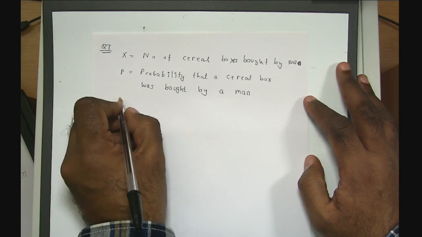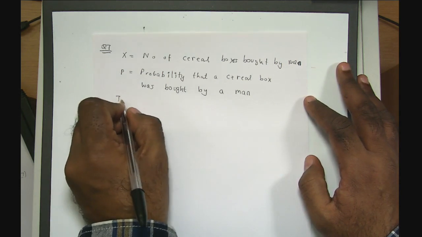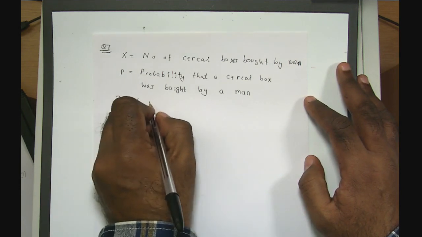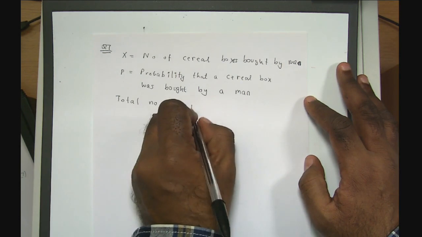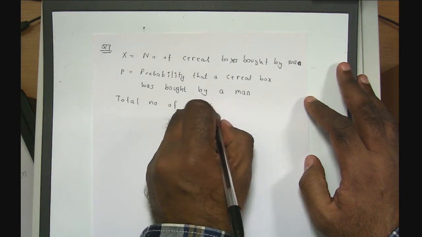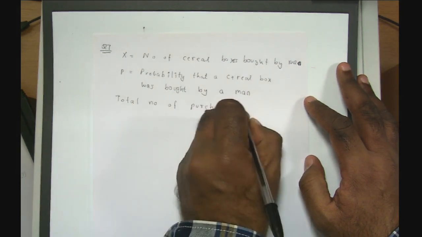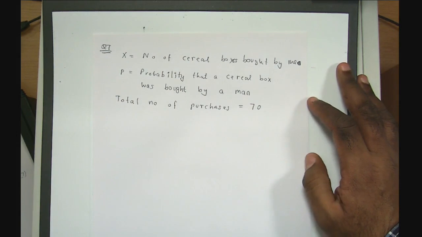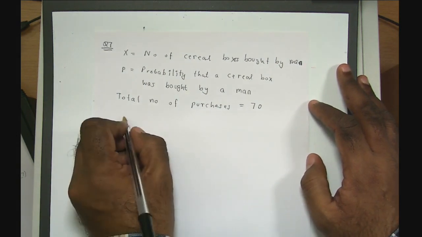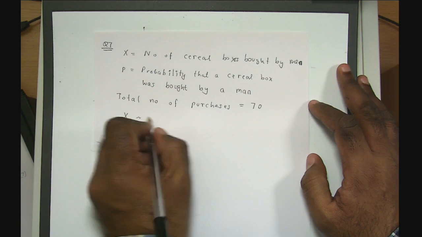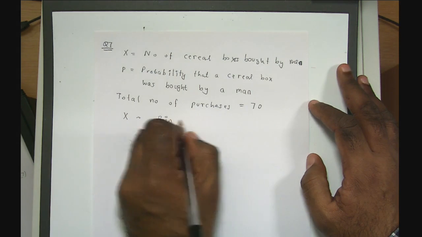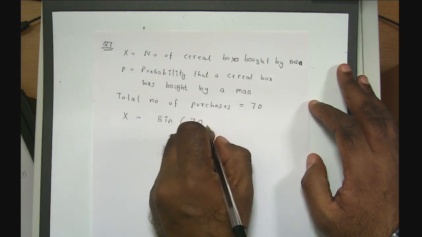Clearly, the total number of purchases was equal to 70, right? So clearly X has a binomial distribution with parameters 70 and p.